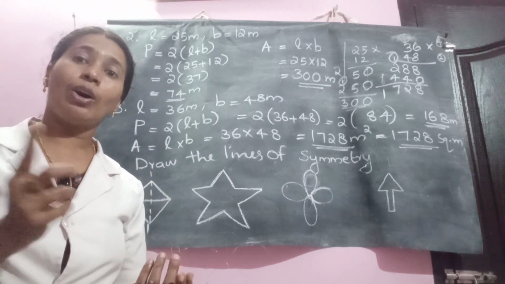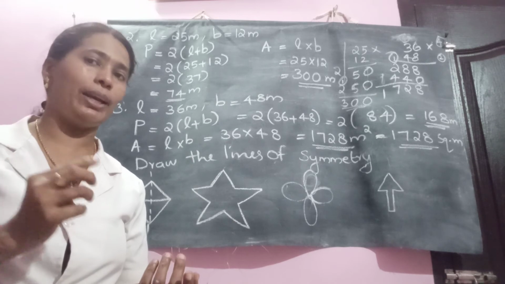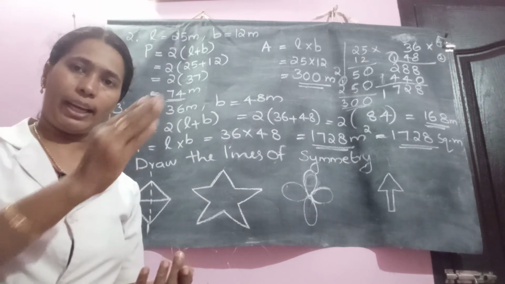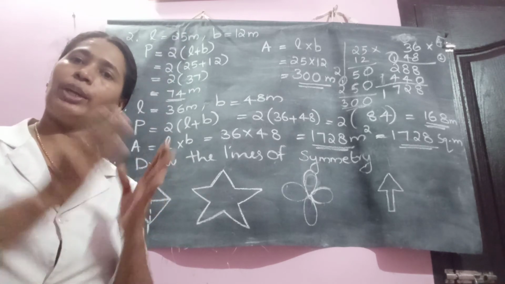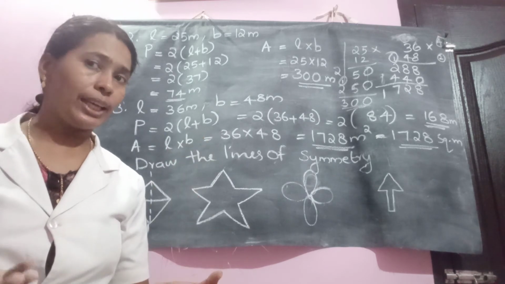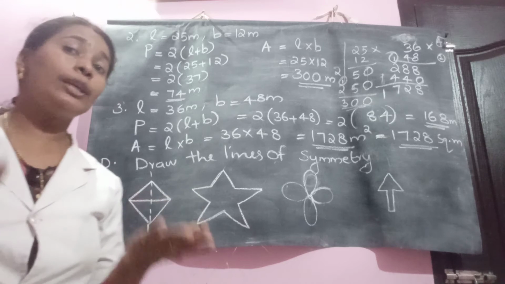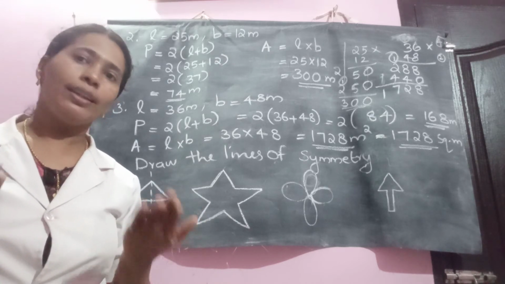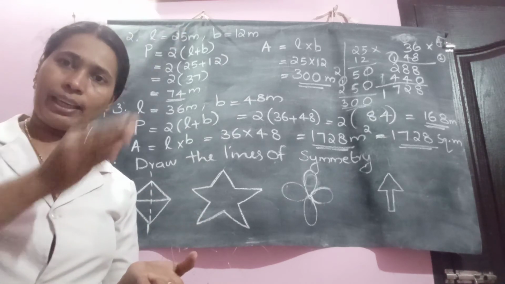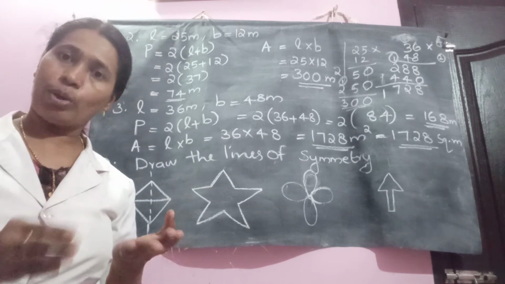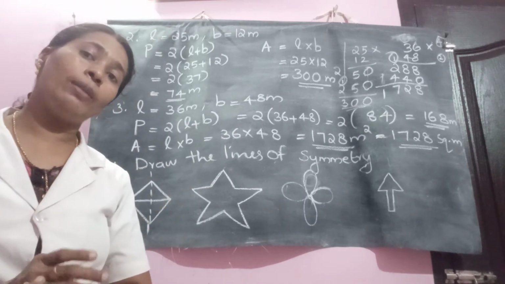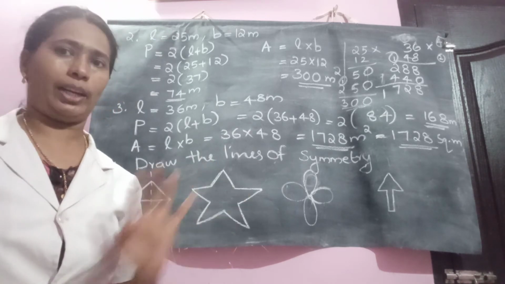That is called your line of symmetry. By drawing a line or cutting a figure into two parts, in some cases both the parts are equal to one another. That's why that cutting line, or folding line, is called a line of symmetry.